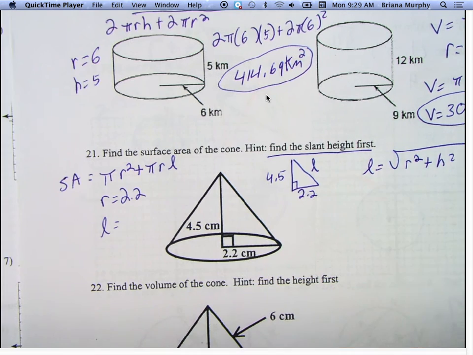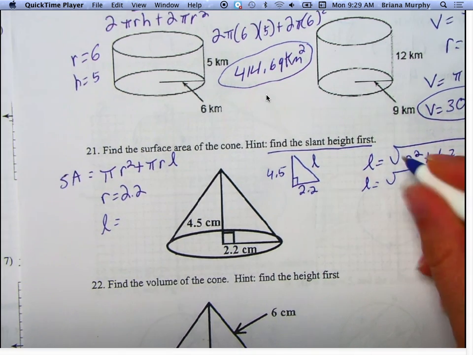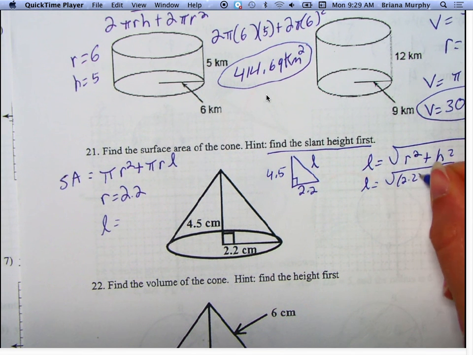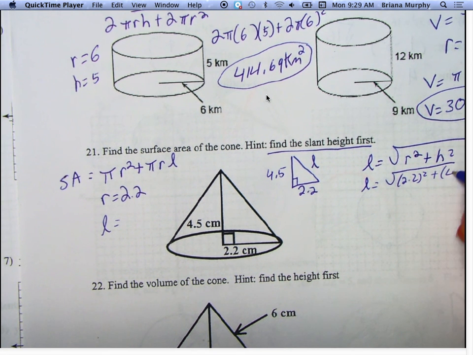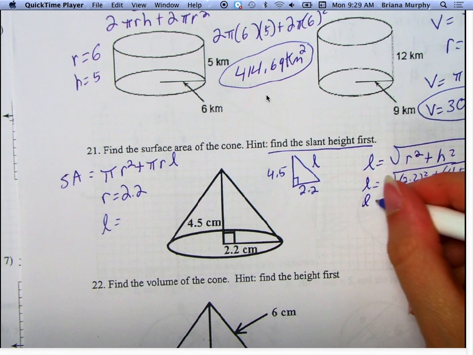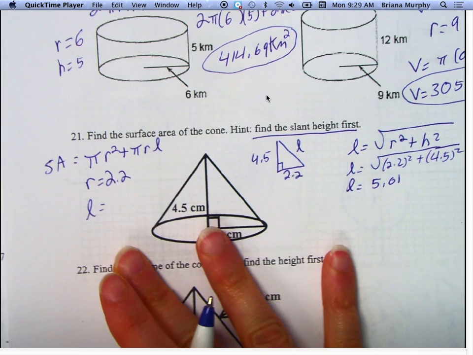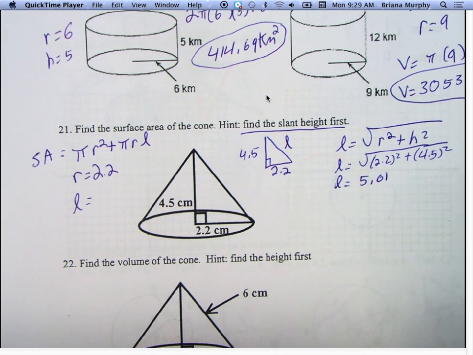Okay? So slant height equals the square root of 2.2 squared plus 4.5 squared. So my slant height is 5.01. If you put 5.00, you just didn't round up enough. I would have rounded up to 5.01.